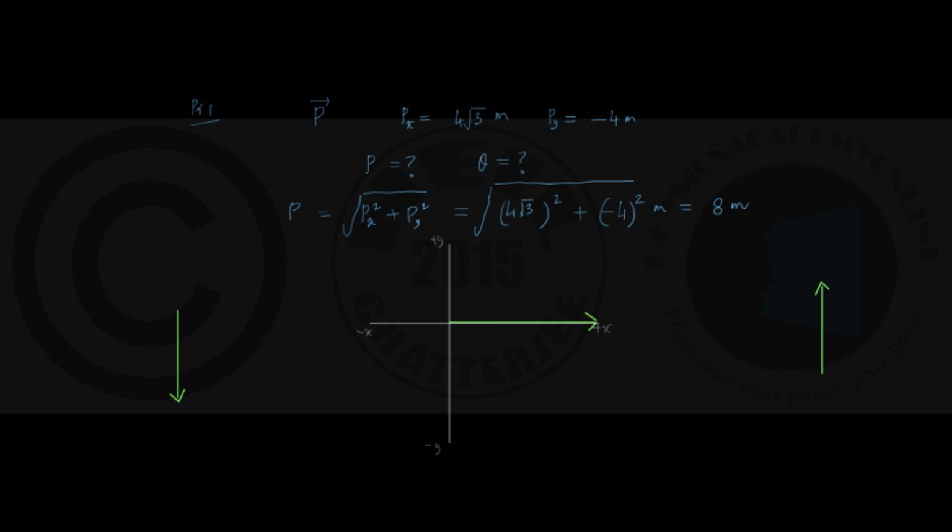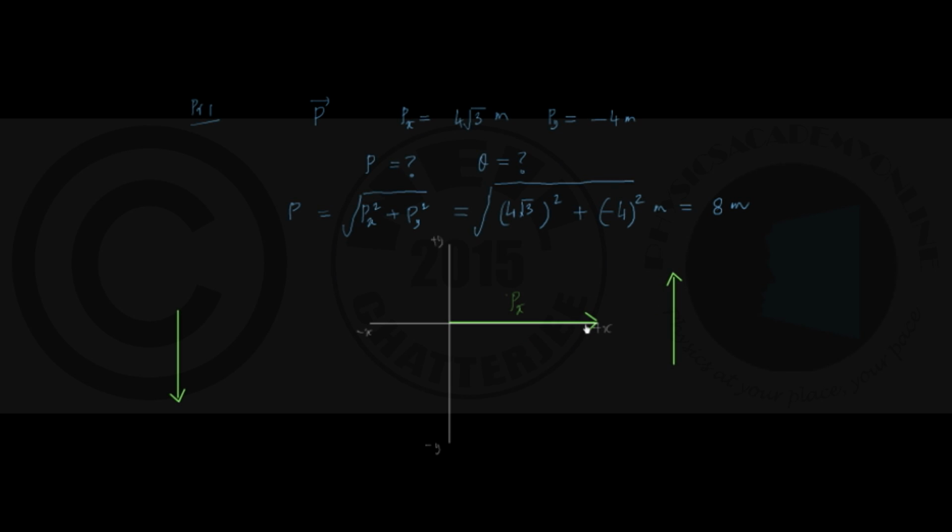So let us write, this is my px. Okay. Now what about py? Look, the magnitude of py was 4 meters, and I might be tempted to think this must be py, because if the length was 4 root 3 meter, this length was chosen smaller at 4 meter.